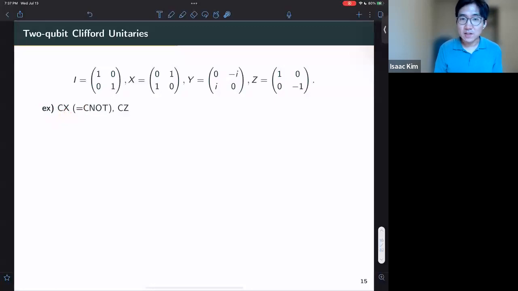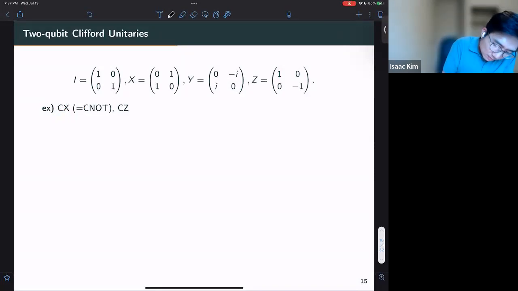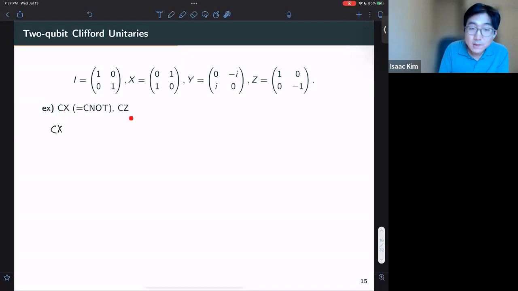Some people call it a CX gate. This gate is defined in the following way. Let me first note that both of these gates, CX and CZ gates, act on 2 qubits. They're not defined for a single qubit.